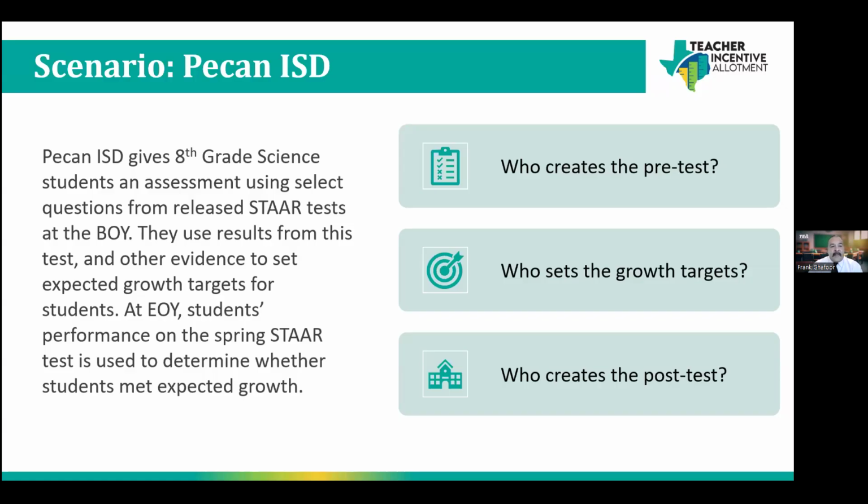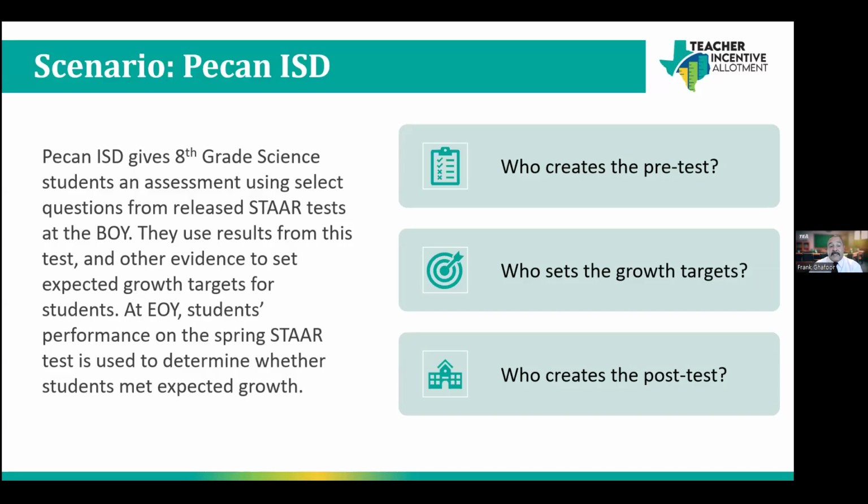So when we're looking at this scenario, we have Pecan ISD. They are wanting to assess their eighth grade science students using select questions from a released STAAR test at the beginning of the year. When we're talking about TIA, who creates this test? Well, it looks like STAAR, or the state, created this, but actually this would not be a third party test because we are adjusting it.